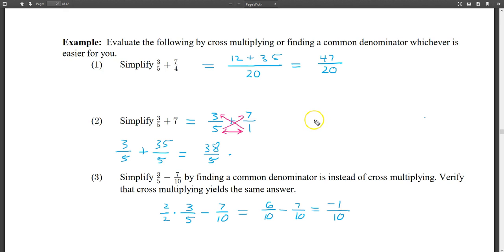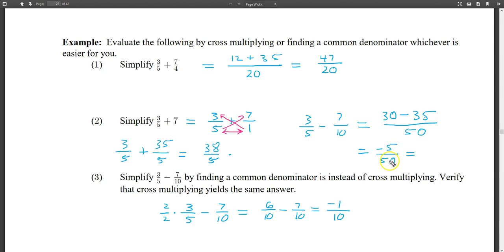Now if you did do cross multiplication, let's put that up here. If you did cross multiplication, 3/5 minus 7 over 10, that would be 3 times 10 is 30, minus 5 times 7 is 35, divided by 5 times 10 is 50, and that is equal to -5 divided by 50.